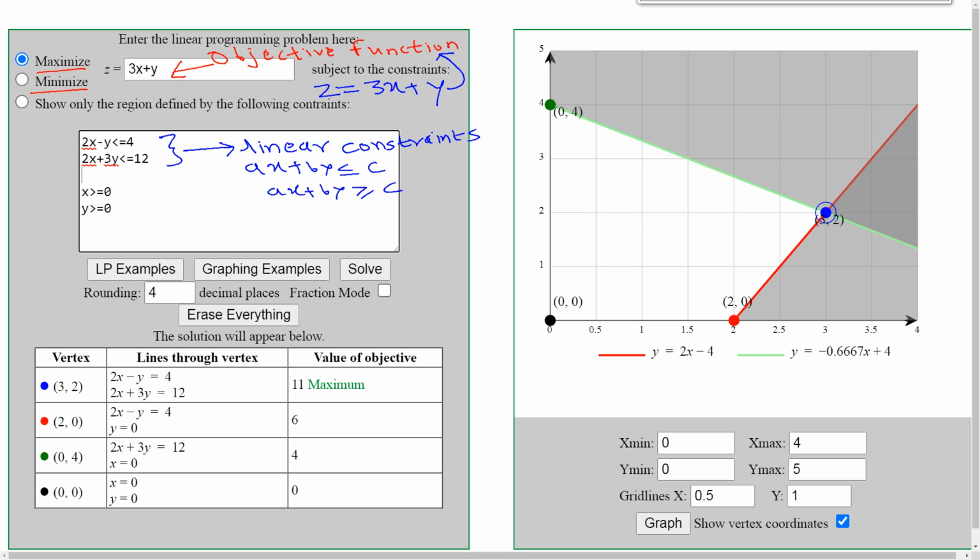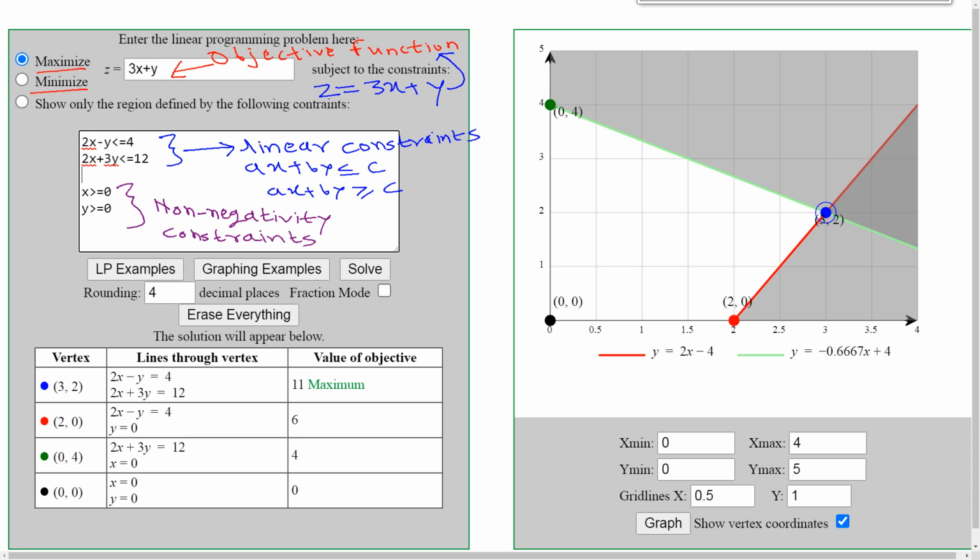Finally, we have non-negativity constraints: x is greater than or equal to 0 and y is greater than or equal to 0. Any linear programming problem has these three parts.